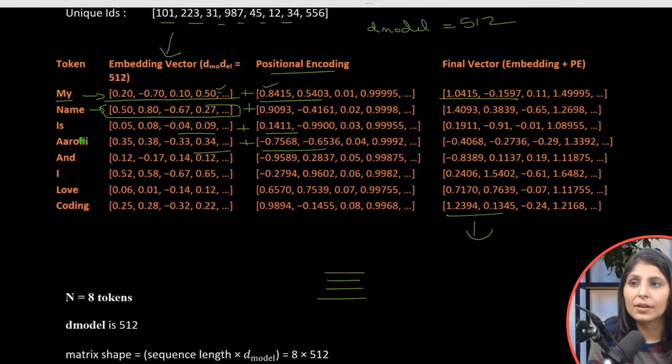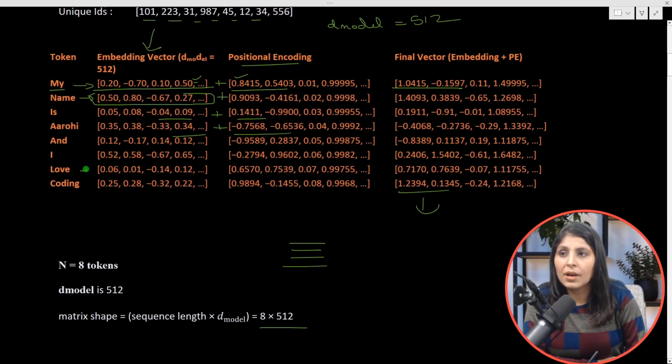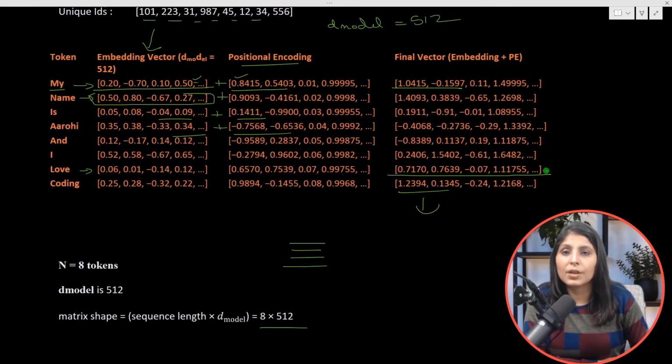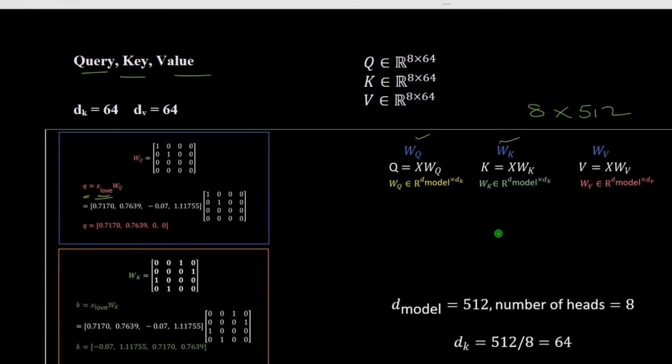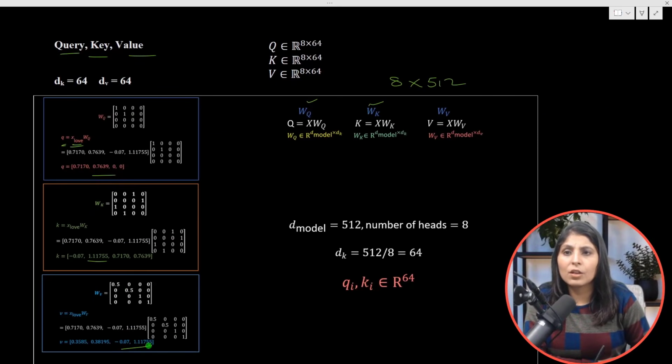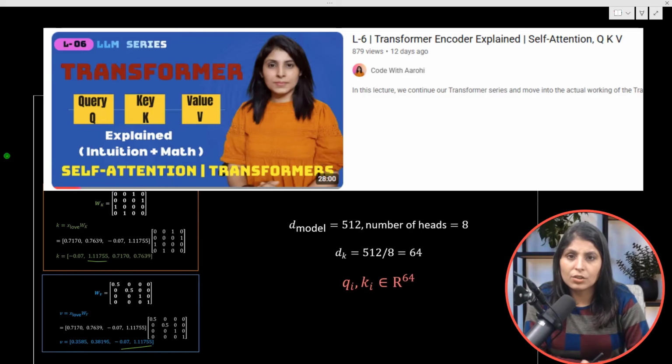So this was the embedding of love, so you will multiply the embedding of love token with this weight matrix of query, and this weight matrix is initialized randomly and it is learned during training, and we perform multiplication and we get this query, key and value. So guys, today I'm not going to discuss these things in detail because we have already covered these things, and if you don't know what these things are, you can check this lecture, okay?